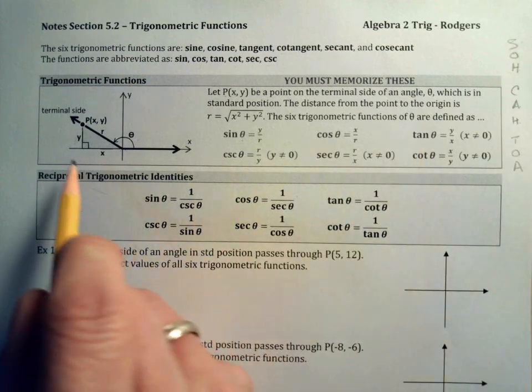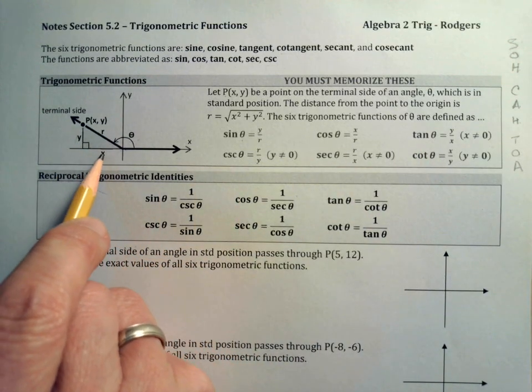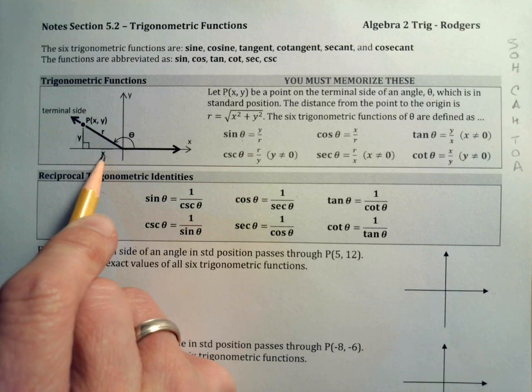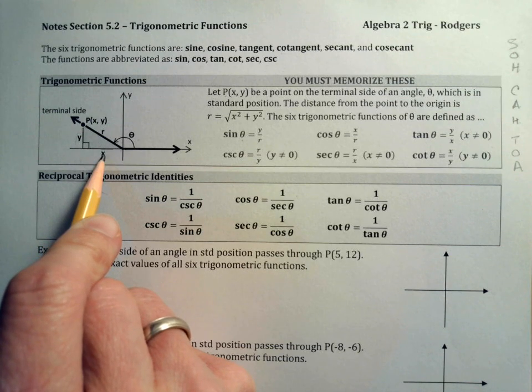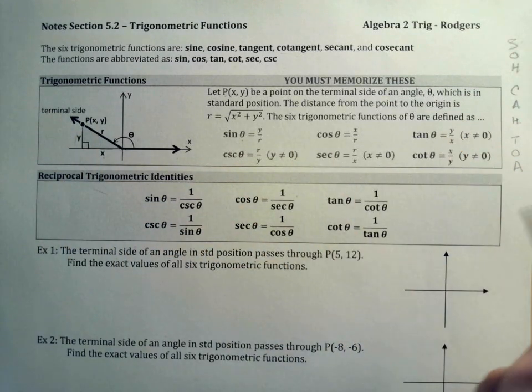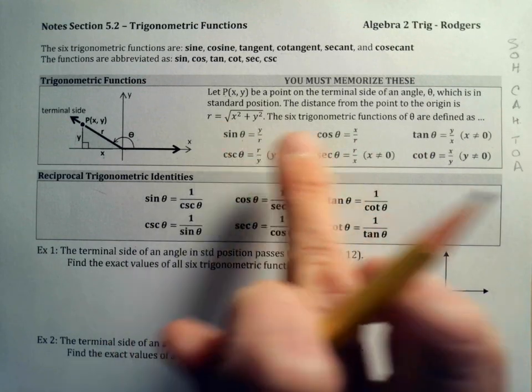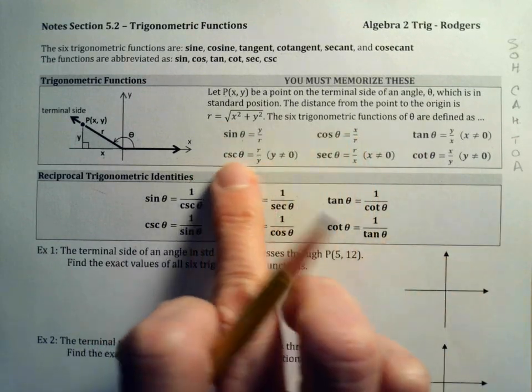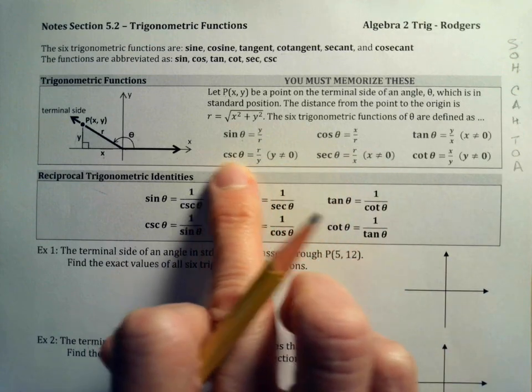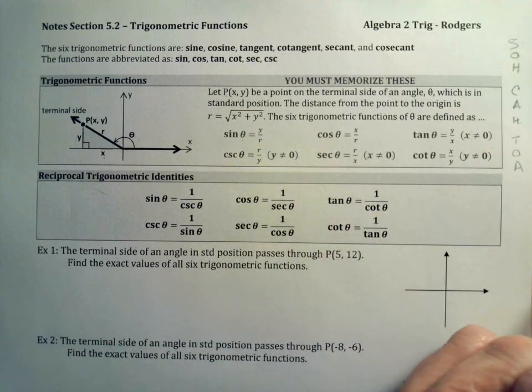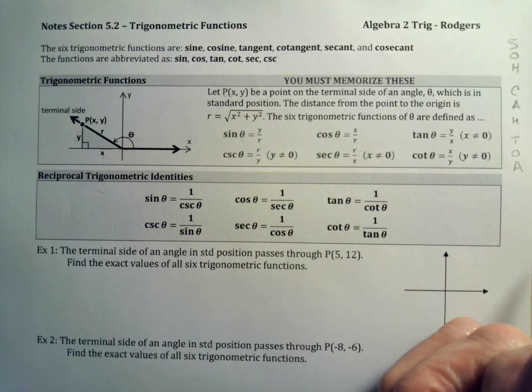The tangent is going to be y divided by x, assuming, of course, that x is not 0, because then it would be undefined. Sometimes the tangent of an angle will be undefined. Notice sine and cosine are never undefined, but all the other ones are sometimes undefined, depending on certain values of x, y, and r. Okay.